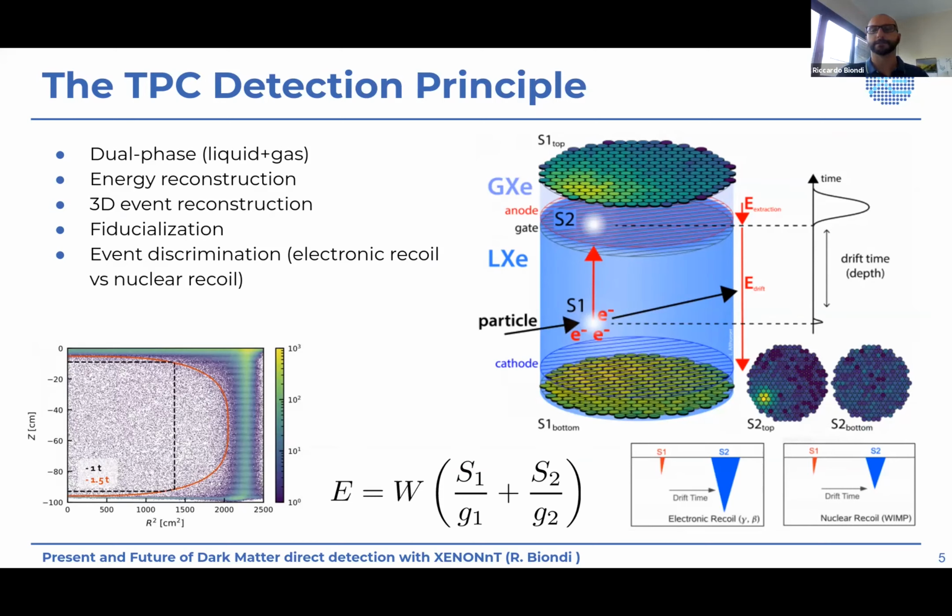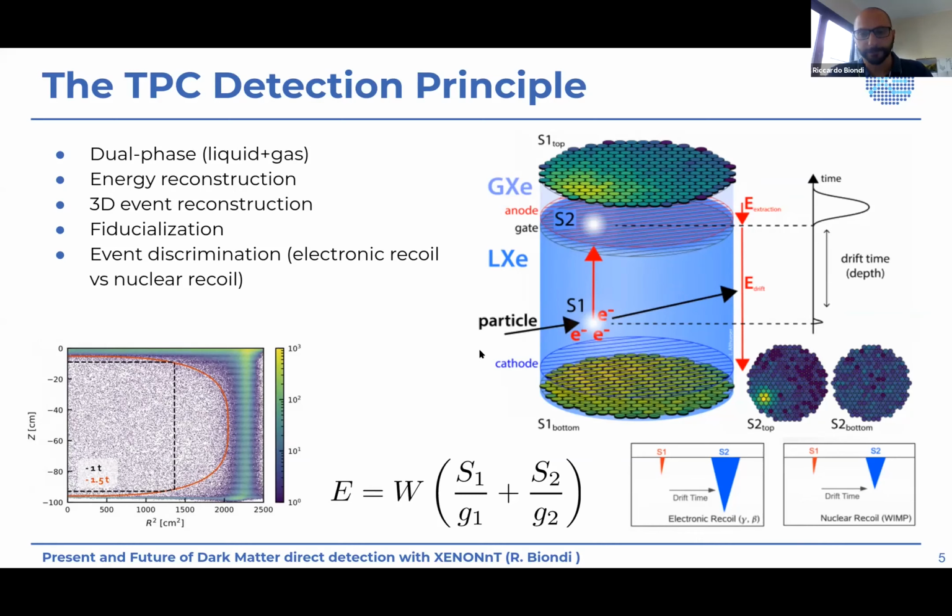The cylinder is instrumented with two arrays of photomultiplier tubes, one on the top and one on the bottom of the cylinder, to detect light. Also, through a set of electrodes, there is a drift field on the whole volume of the TPC that is meant to drift electrons through the interface between liquid and gas xenon.